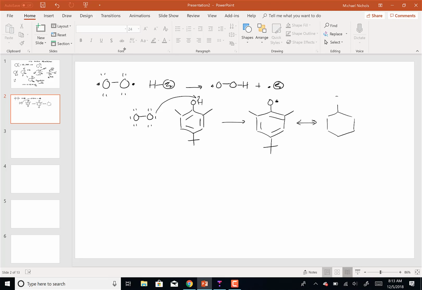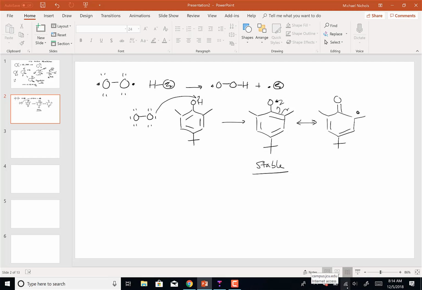If I split this double bond and then paired up that electron, I would form a double bond there, and then I would have an unpaired electron on that carbon. And then I could do the same thing with the remaining two double bonds. So this becomes a very stable species because there are lots of resonance structures I can draw for that radical.